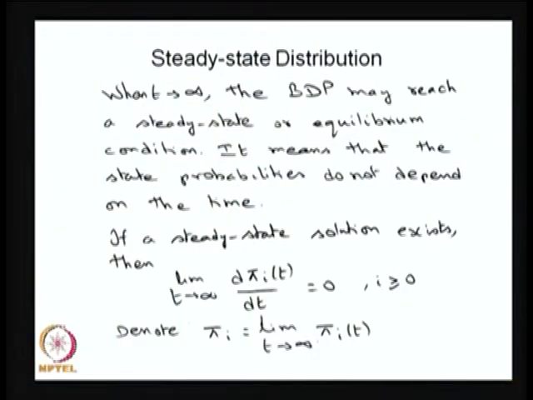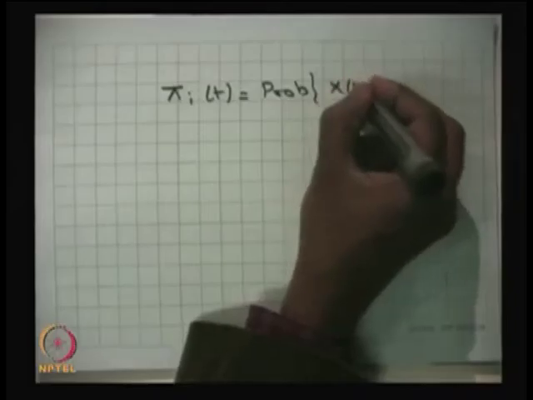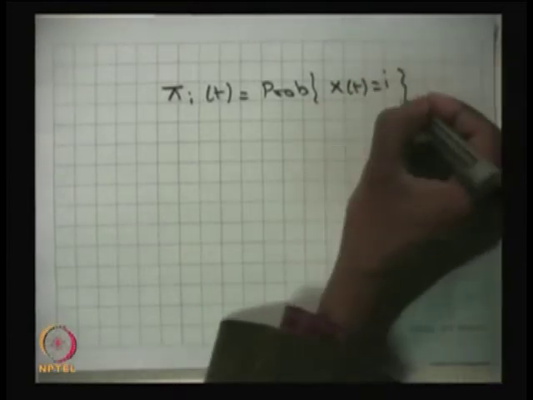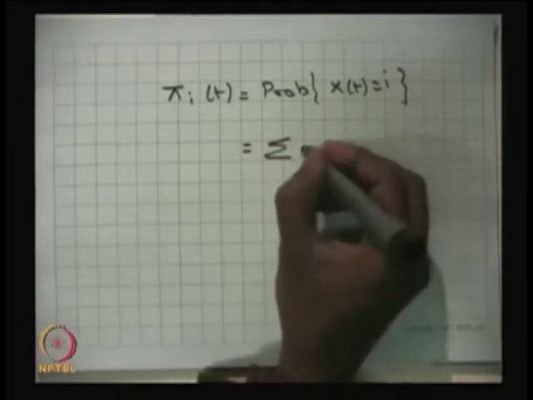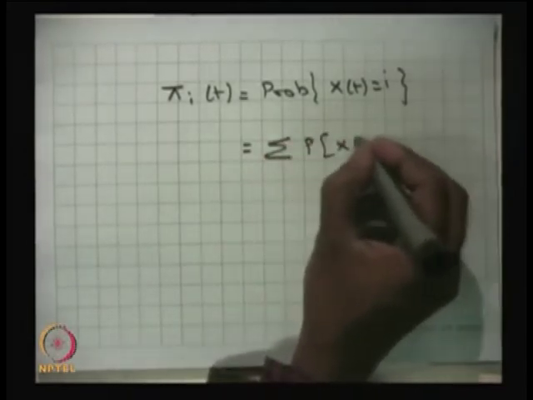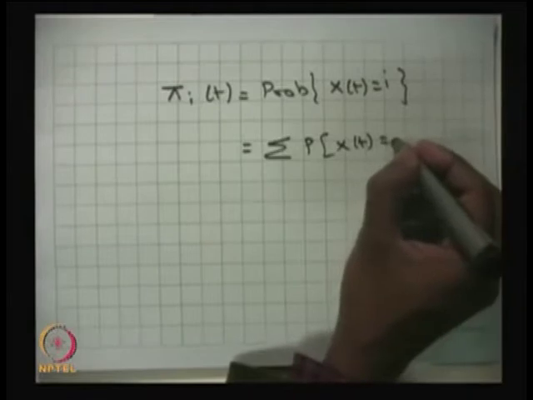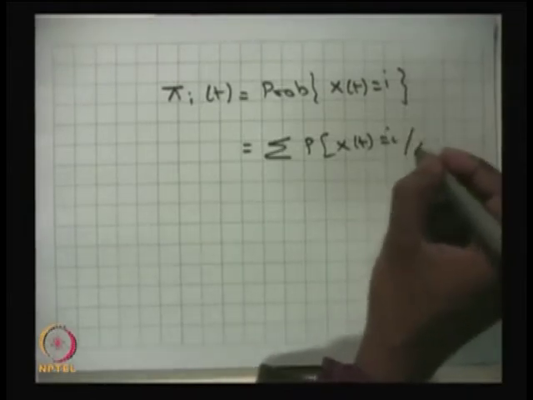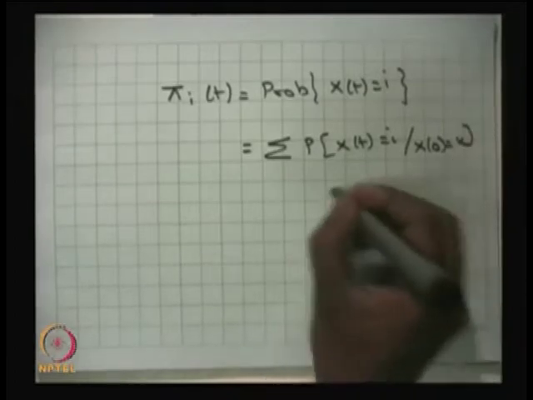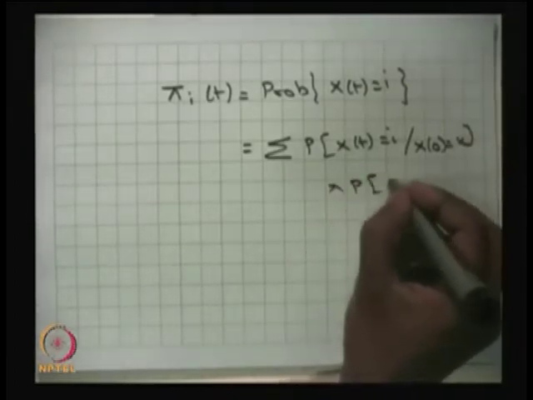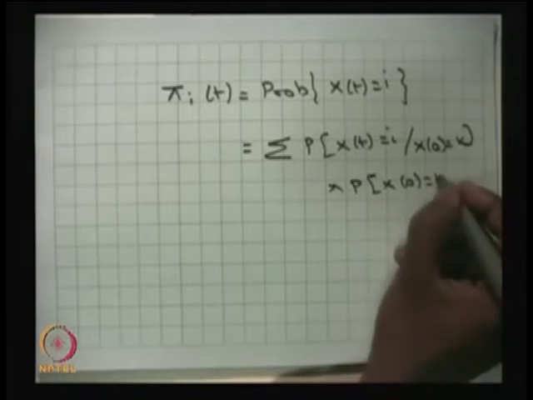The pi i of t is nothing but the probability that the system will be in the state i at time t. That is the same as the probability that the system will be in the state i given that it was in some state k at time 0, multiplied by the probability that it was in the state k at time 0.